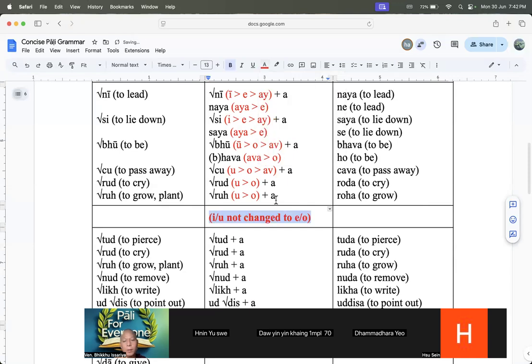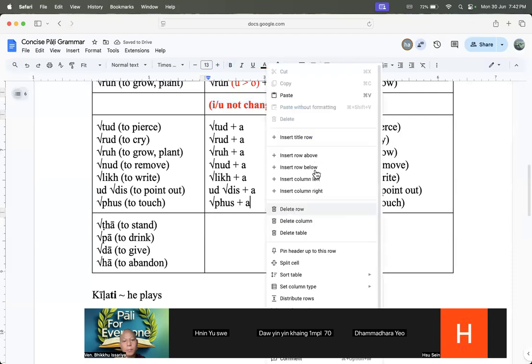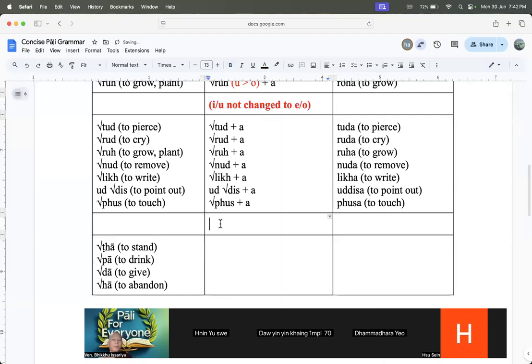And then now last group. So in the last group, the root is reduplicated, become double. So for example, the first root tar.